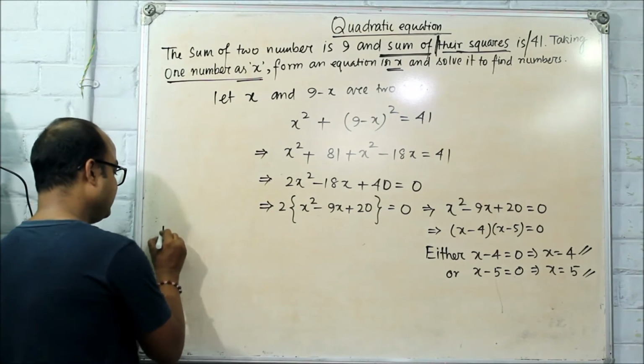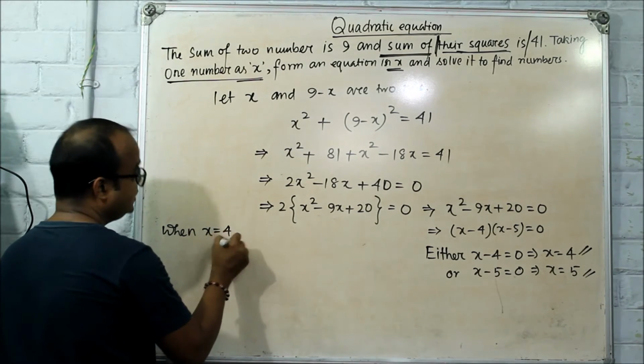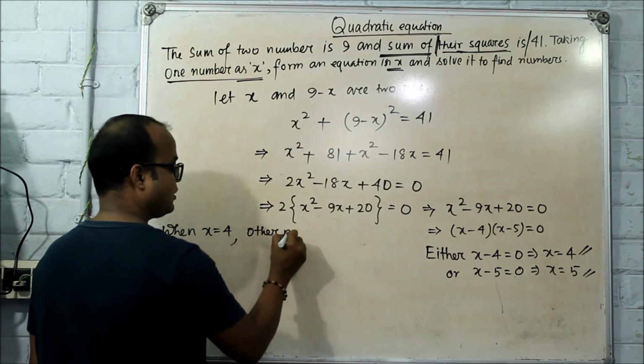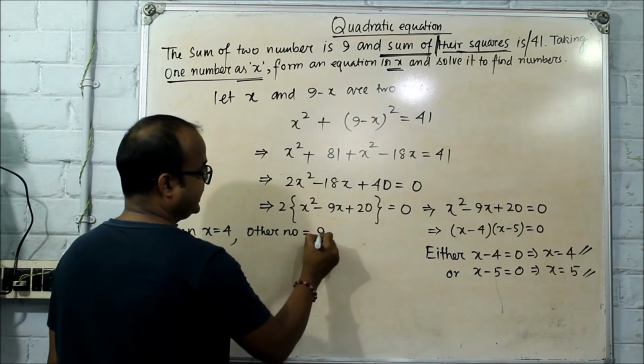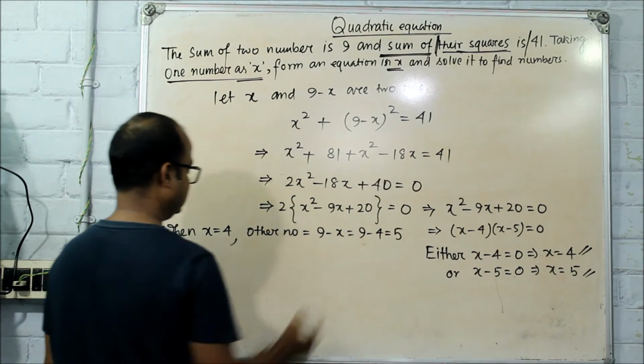So we write, when x is equal to 4, the other number will be 9 minus x, that is 9 minus 4 is equal to 5.